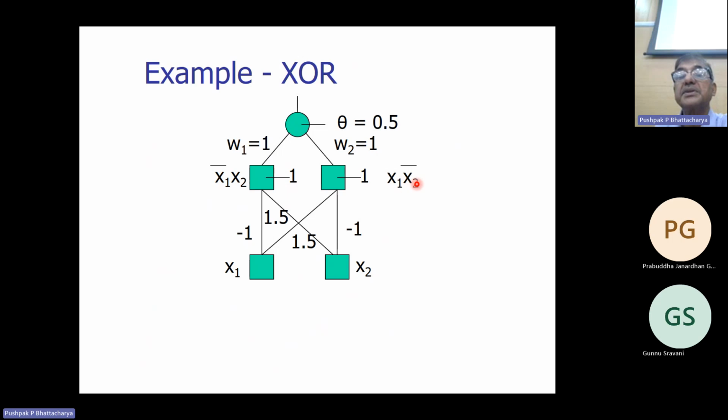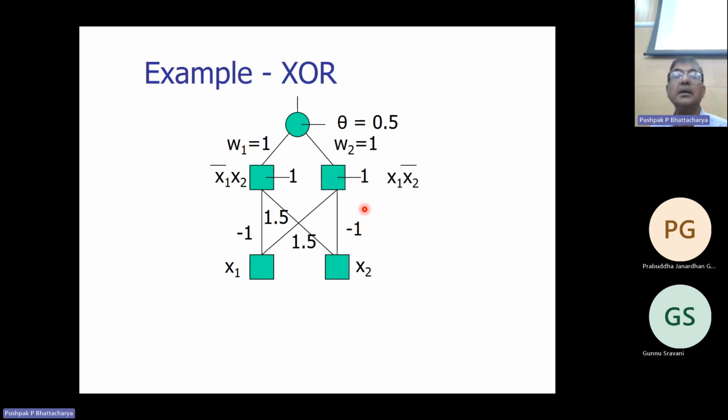You can compute x1 x2 bar also by a single perceptron, and you can compute OR definitely by a single perceptron. So all these functions, x1 x2 bar, x1 bar x2, and OR, can be computed by single perceptrons. So this architecture is absolutely fine for computing XOR. Okay, you are convinced?